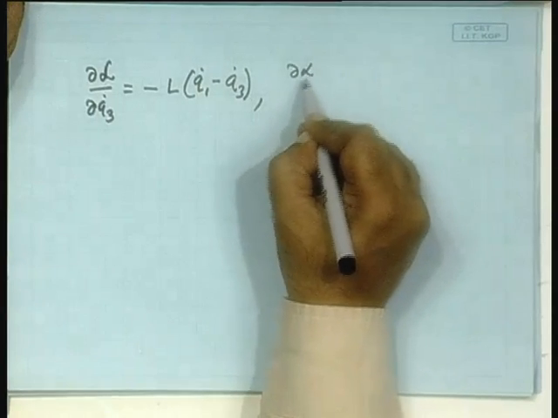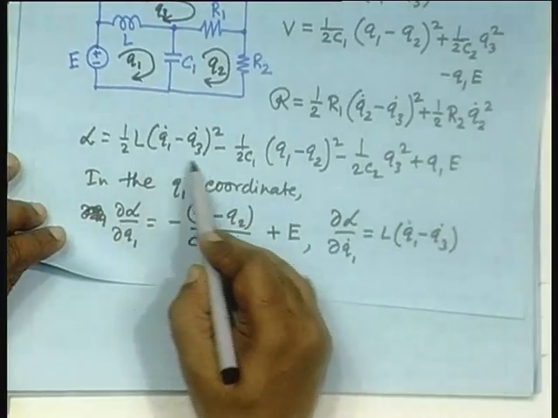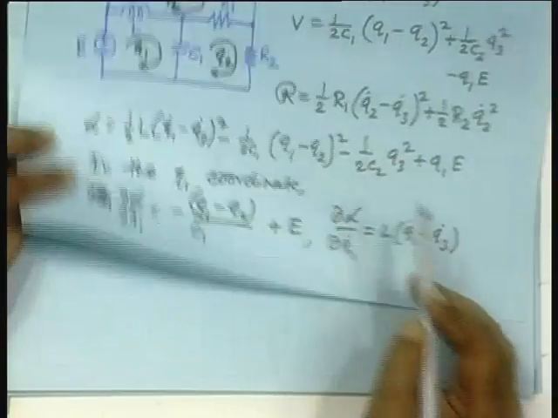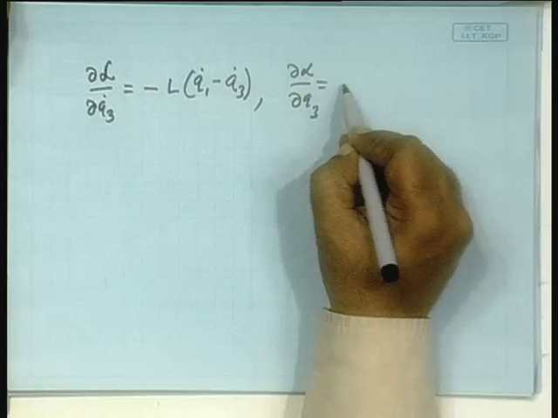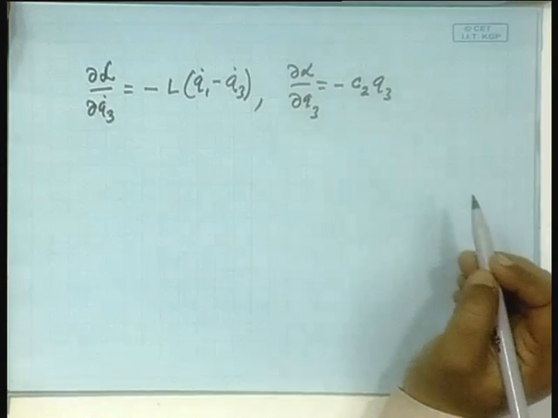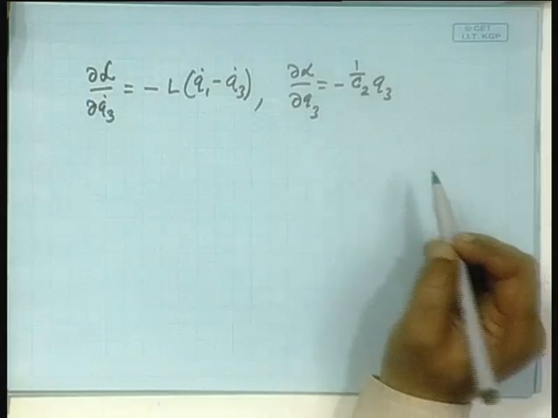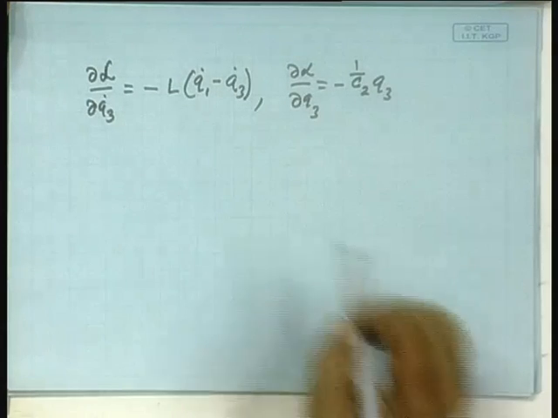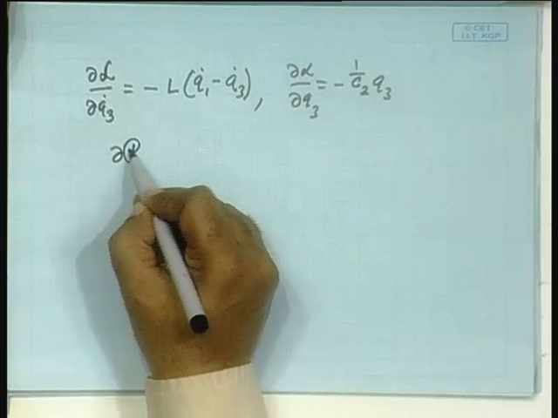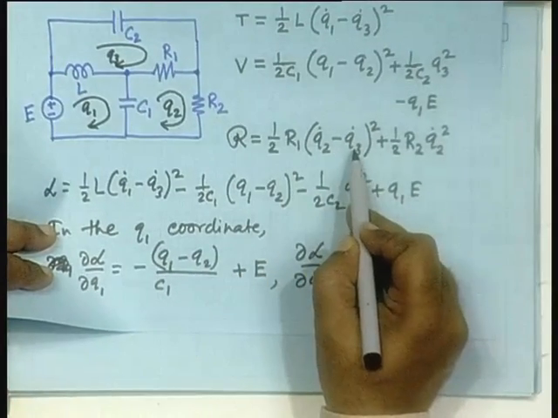The derivative of L with respect to Q3 is Q3 only here, minus C2 Q3, and then here again it will lead to a minus.